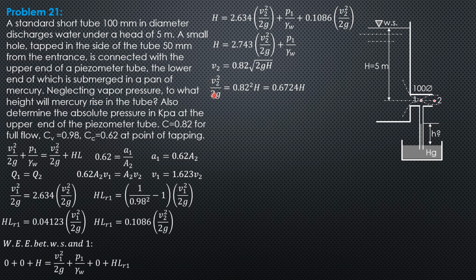So we substitute the value of velocity head at 2 into this equation here. So H equals 2.743 times 0.6724 of H plus pressure head at 1.